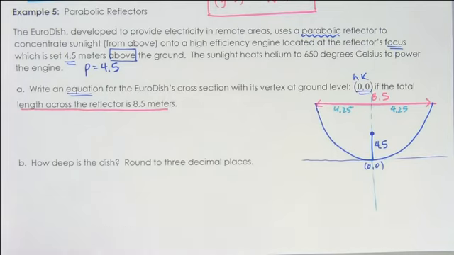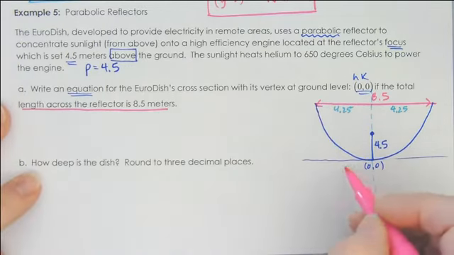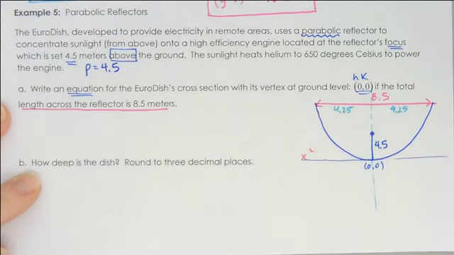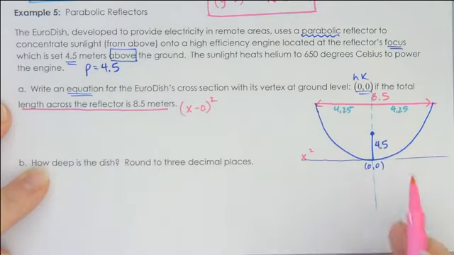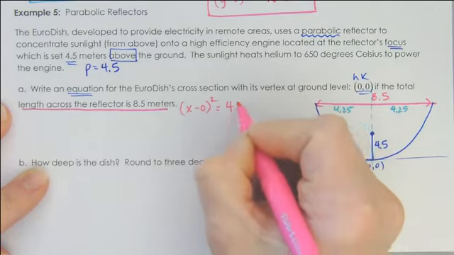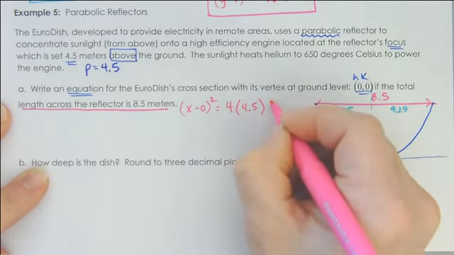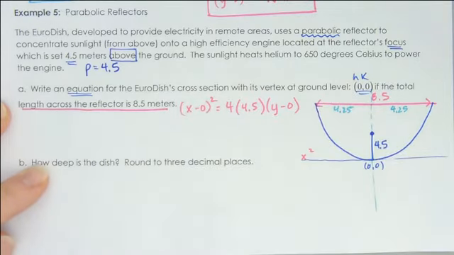Let's write the equation. We'll come back to that in a second. I'm just trying to write everything that we need here. So it's opening up. It could cross the x-axis twice, which means it has to be an x squared equation. So I've got x minus 0 squared, because the x value of my vertex is 0, equals 4 times p, remember p is 4.5, times y minus my y value of the vertex, which is also 0.